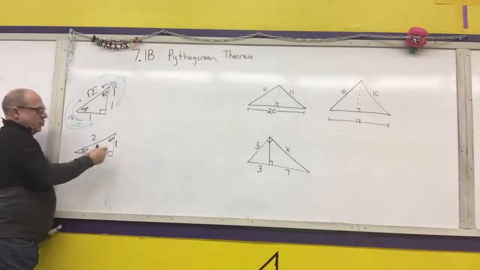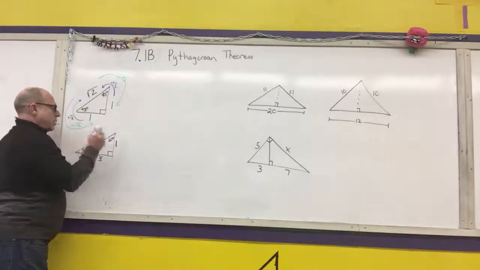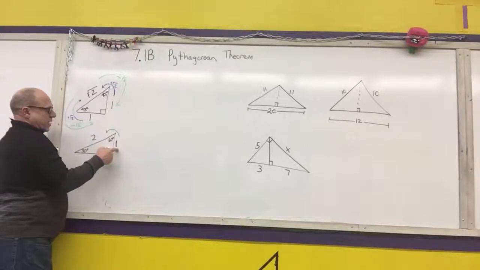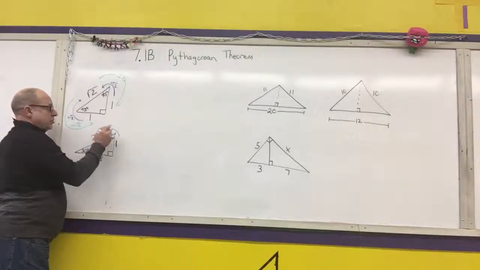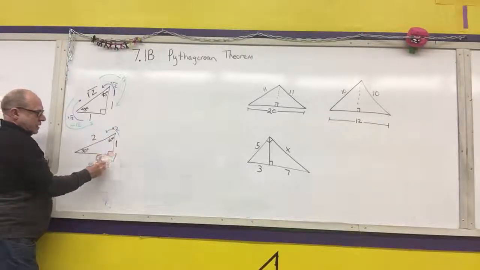To go from 1 to 2, you multiply by 2. So to go from the short side to the hypotenuse, you multiply by 2. To go from the short side to the long side, you multiply by the square root of 3.